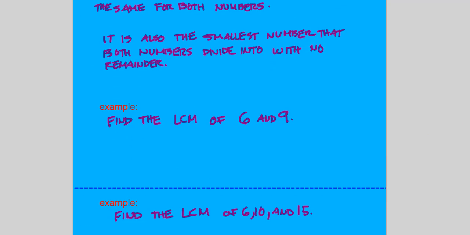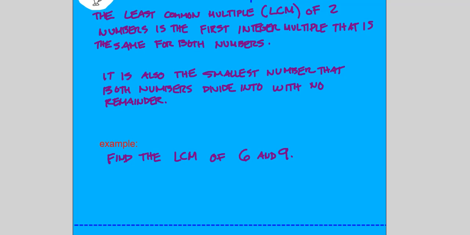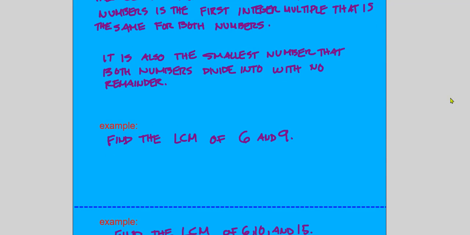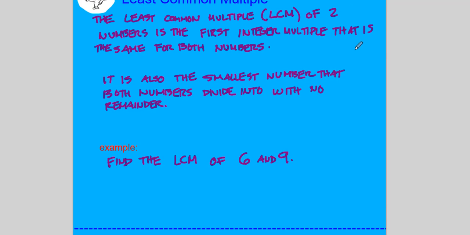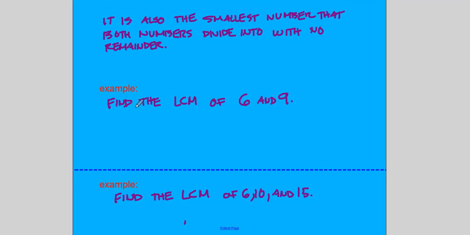Let's list the multiples of 6 first. This is multiples now, integer multiples. The multiples of 6 are 6 times 1 is 6, 6 times 2 is 12, 6 times 3 is 18, times 4 is 24, times 5 is 30.